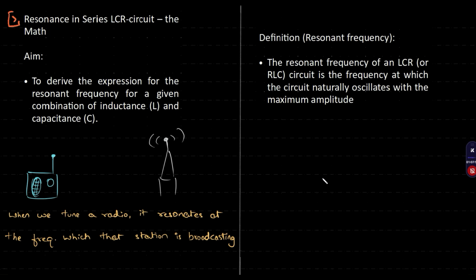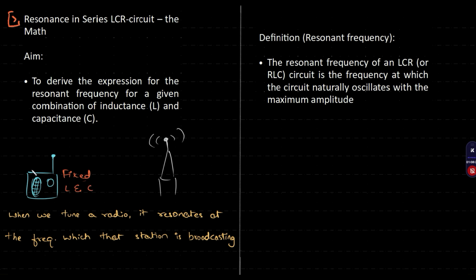So in this derivation, we are focusing on a series LCR circuit containing, of course, a resistor, capacitor, and inductor. Say the capacitor and inductor are fixed. Say we have a radio which has a fixed inductor and capacitor value, fixed L and C actually.